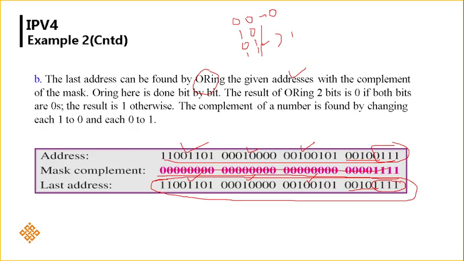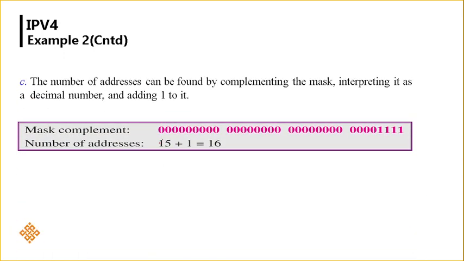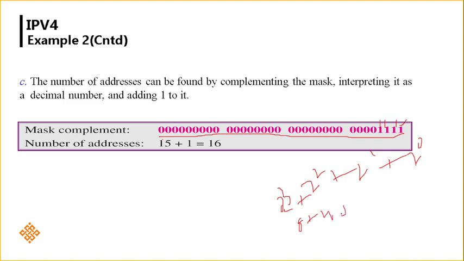Same thing I am taking here, and then converting it into decimal form. If you convert, what happens? 2 power 3, plus 2 square, plus 2 power 1, plus 2 power 0. How much will you get? 8 plus 4 plus 2 plus 1, you will get 15.